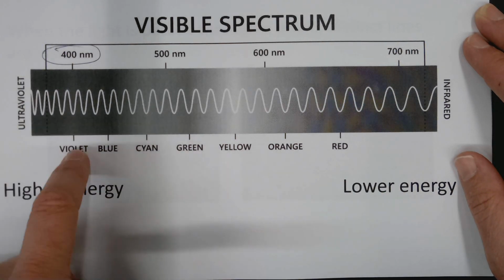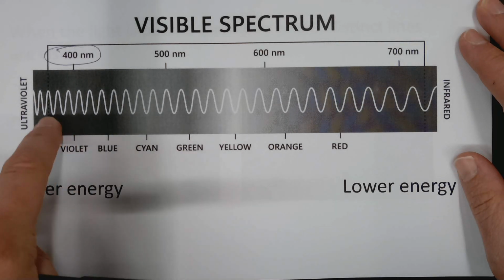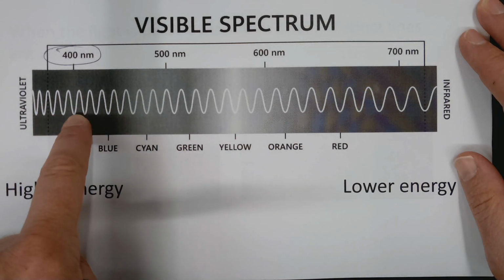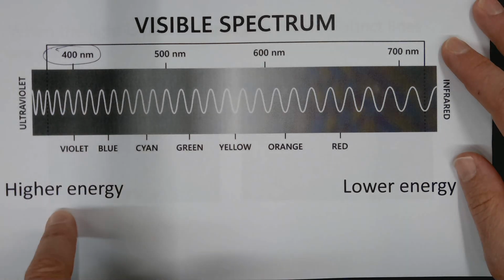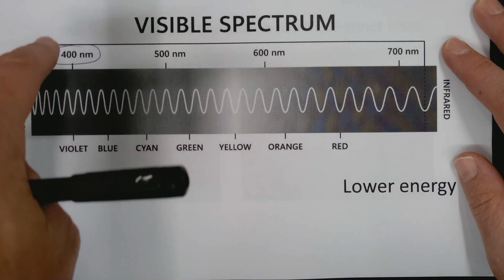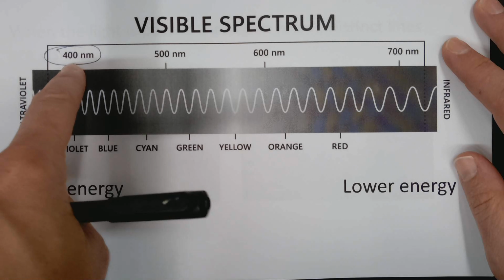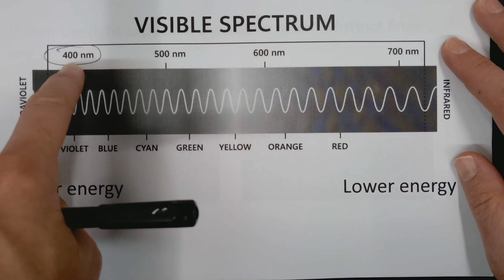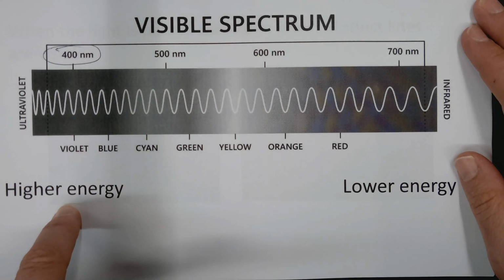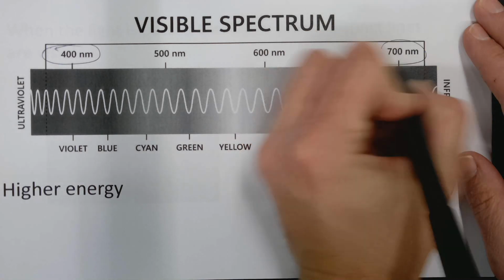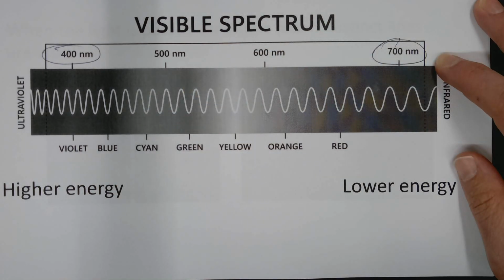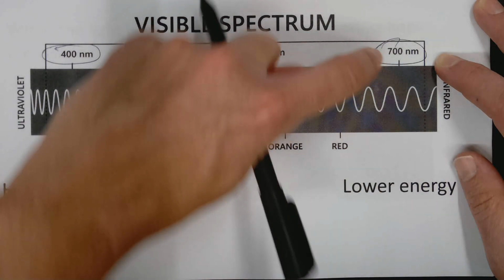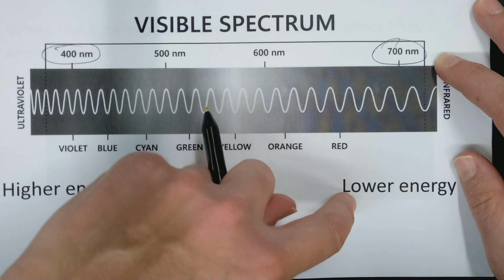And what you can see is that violet light has short wavelength. And because it has a short wavelength, that means it has a high frequency and it has high energy. So higher frequency, shorter wavelength means higher energy. Whereas red light has a longer wavelength, and remember, a longer wavelength means a lower energy.